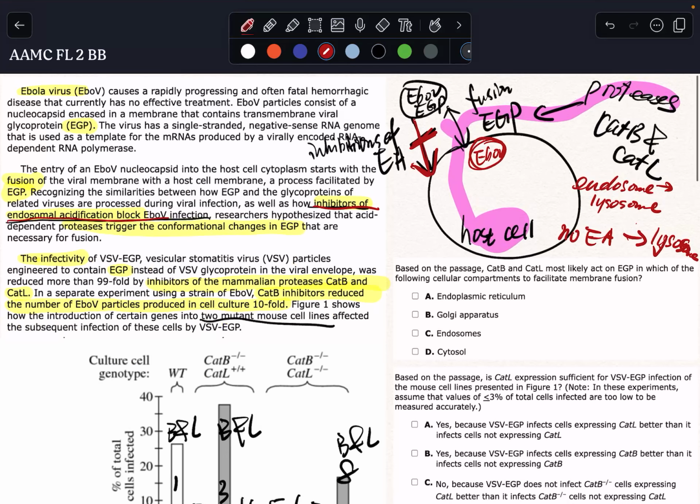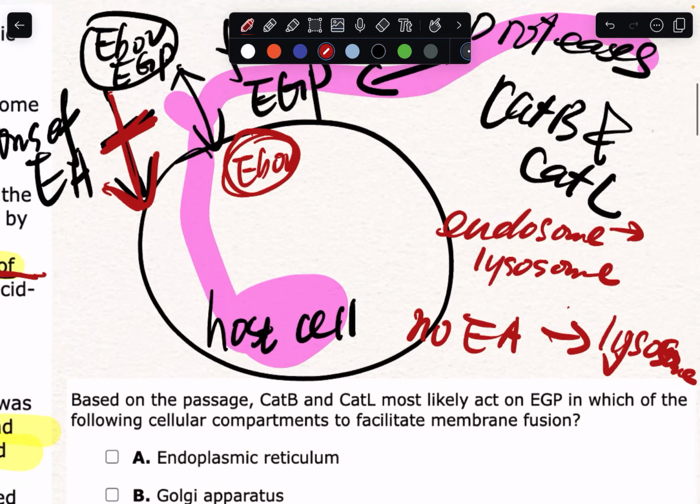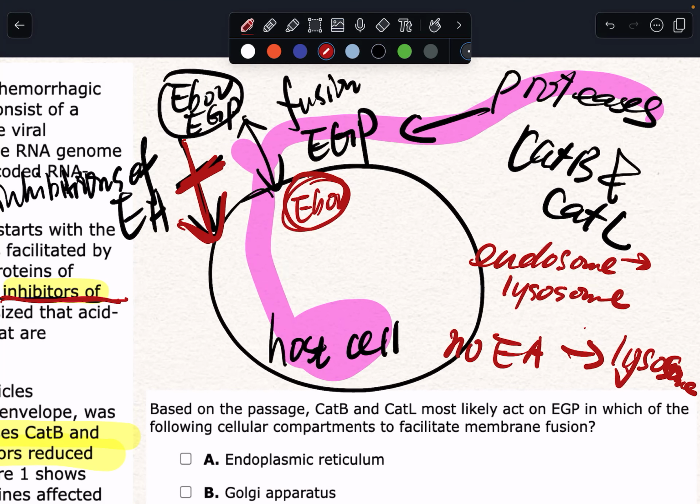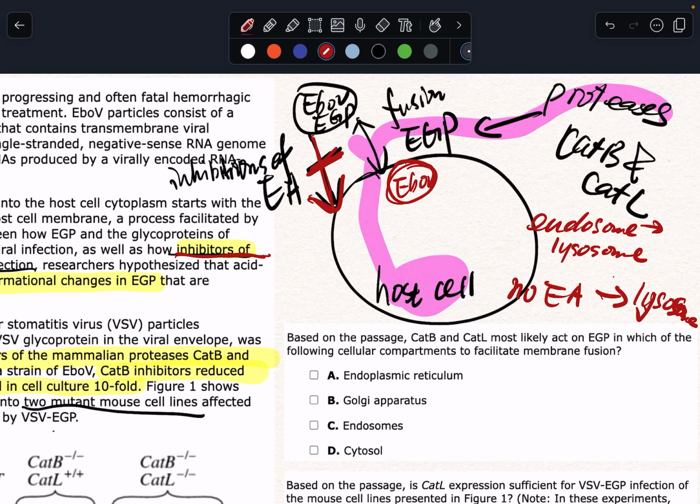That's why the passage says inhibitors of endosomal acidification stop the Ebola infection. It's all because the enzymes inside the lysosome are going to chew up all the viruses. Okay, all right, so that's how you prevent infection.